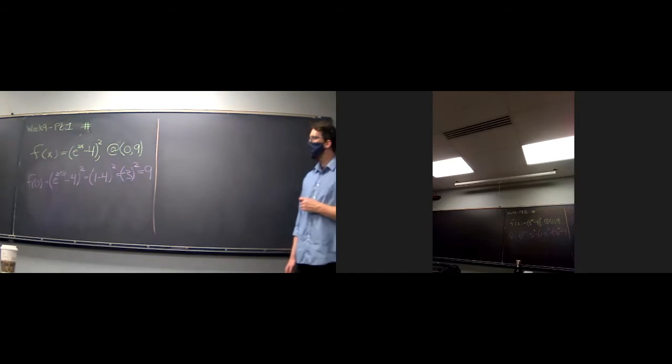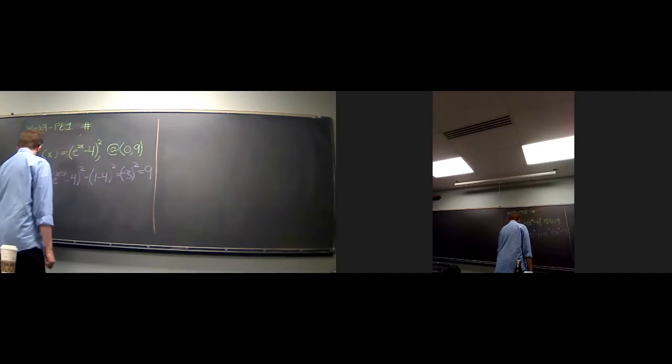We've got that right. The next thing we need to know is that the tangent line is going to be of the form y minus 9 is equal to the derivative of our function, which I'm just going to write as m for right now, times x minus 0.